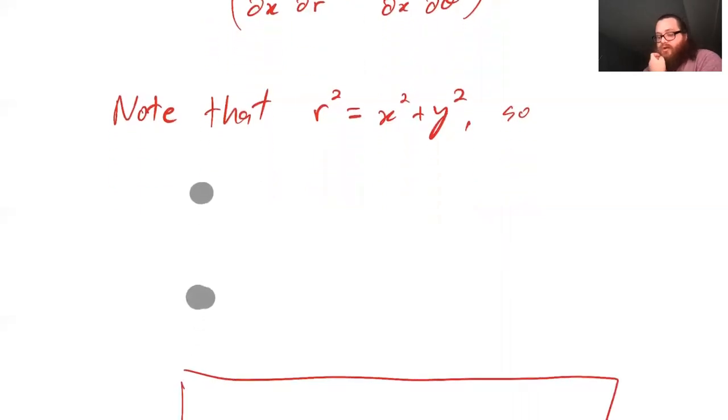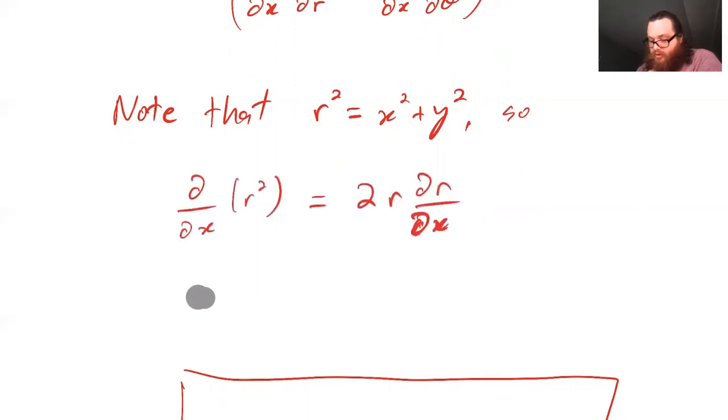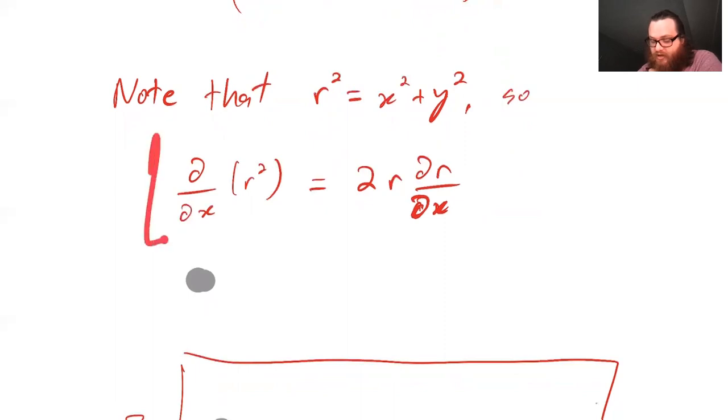Because r squared is x squared plus y squared, we can take the derivative of each side with respect to x. And again, this function r is still going to depend on x. So on the left-hand side, this is the expression that we want to compute. Chain rule again, the 2 comes down.